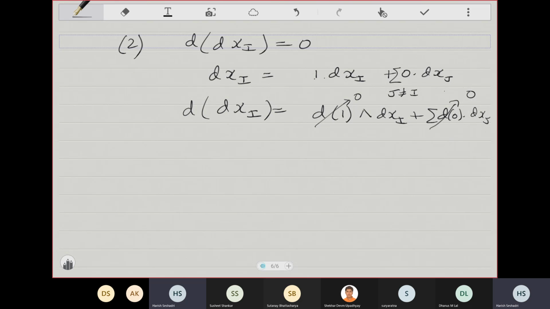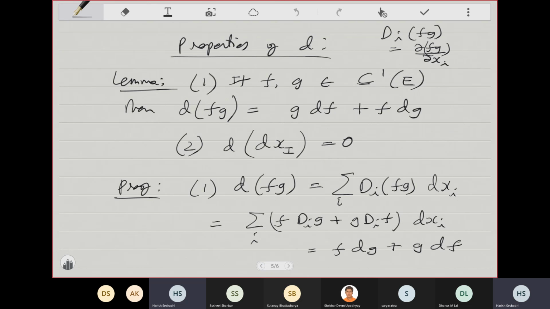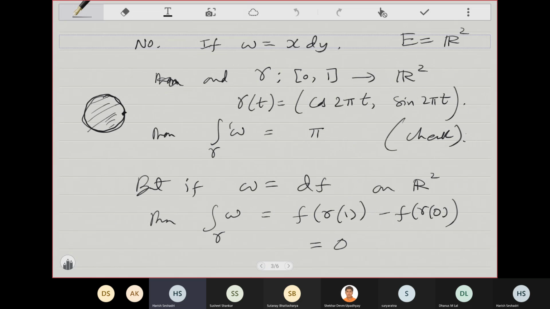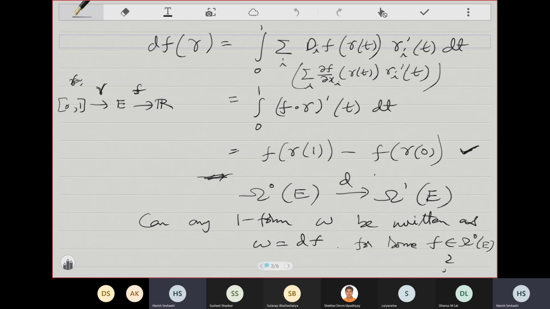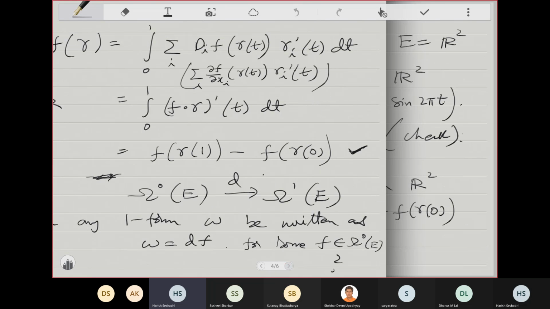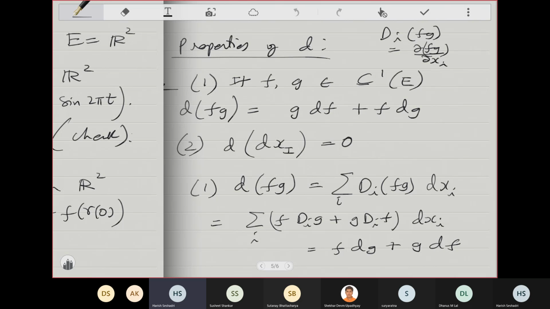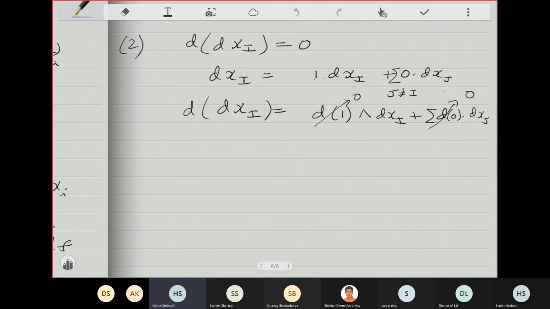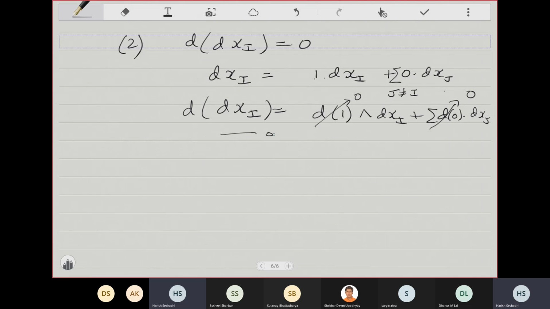By definition, d of any function was just this formula. So if f is constant, all the partial derivatives are 0, so you don't get anything. So that proves this simple statement.